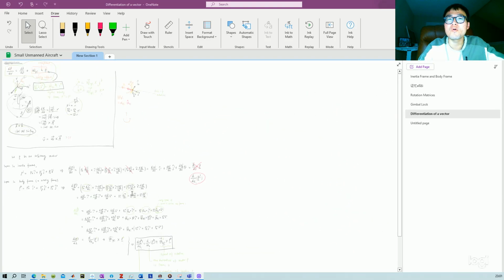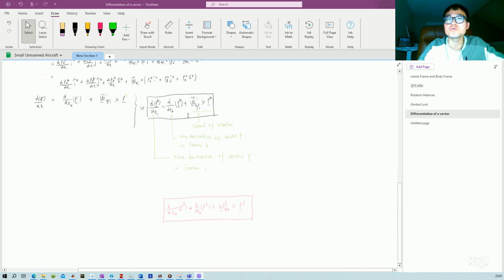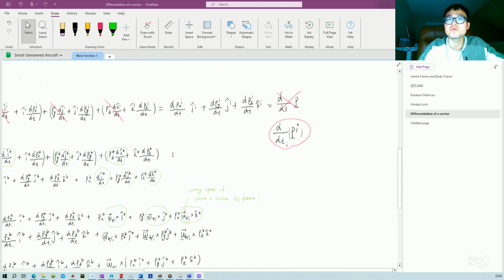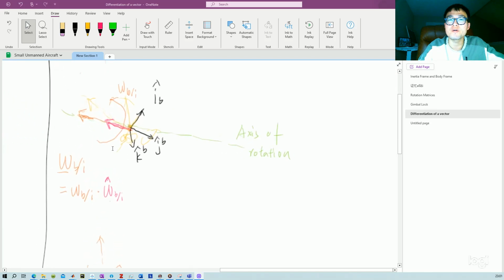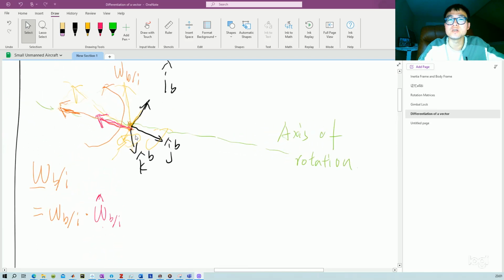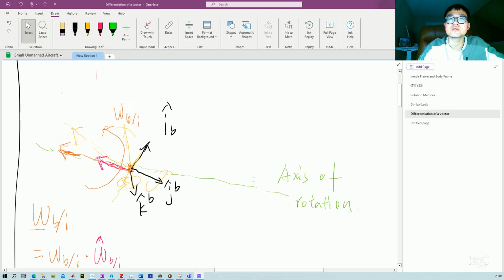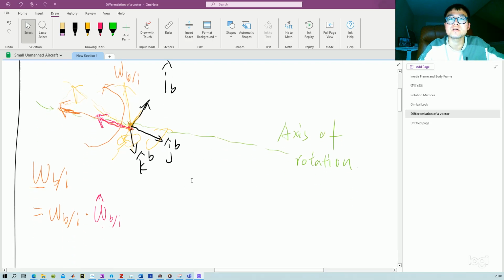Before we go into this proof, I just want to briefly overview the frame, and when the frame is rotating across a certain axis, the axis of rotation. Just review a few concepts.